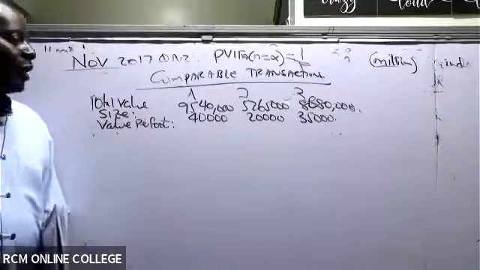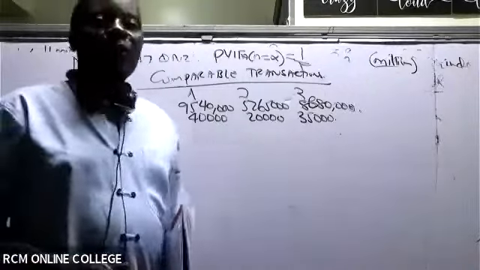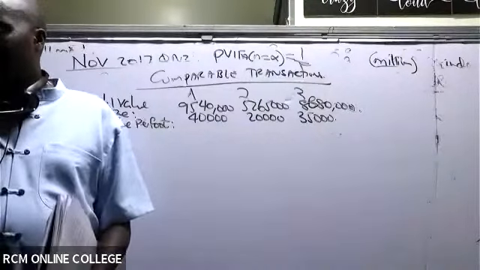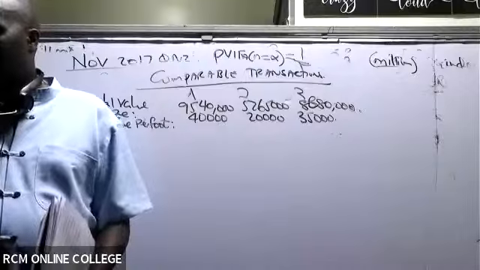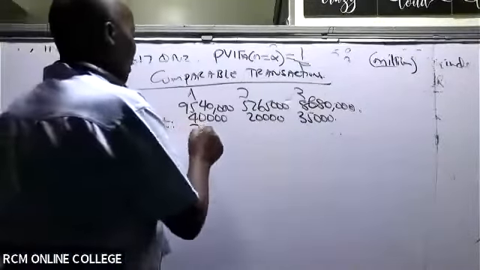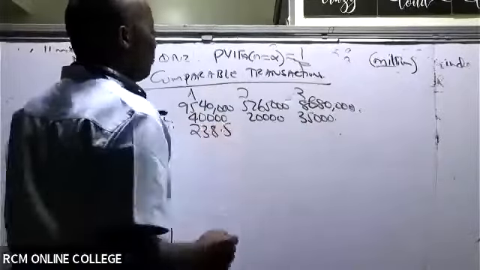So like 9,540,000 divided by 40,000. What figure are we getting here? So this is 238.5.